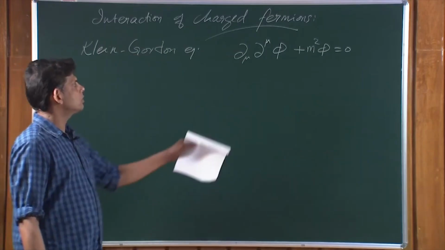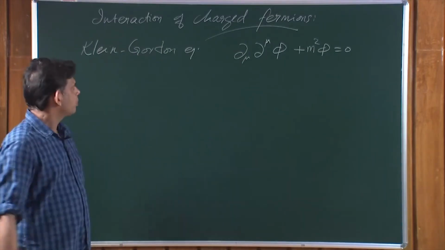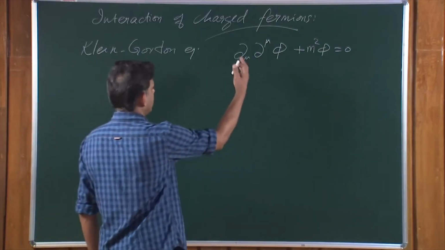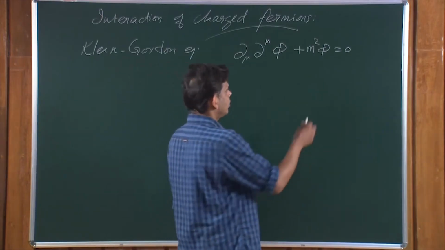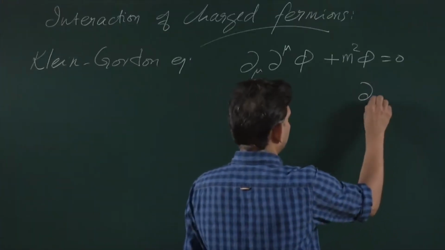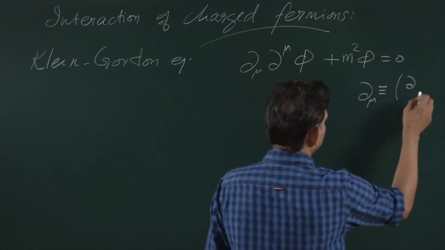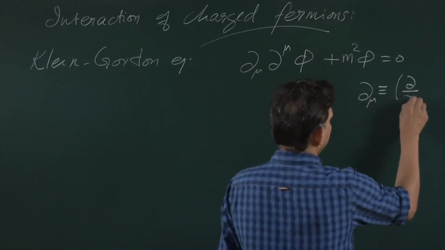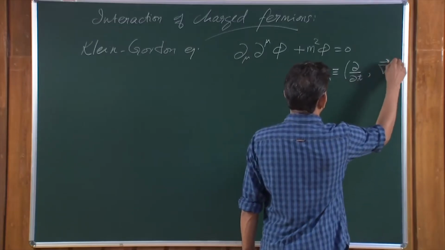This is an equation which is quadratic in the derivative, both time and spatial derivative. Let me, for completeness sake, write what this means. This is partial derivative with respect to time and the gradient operator.